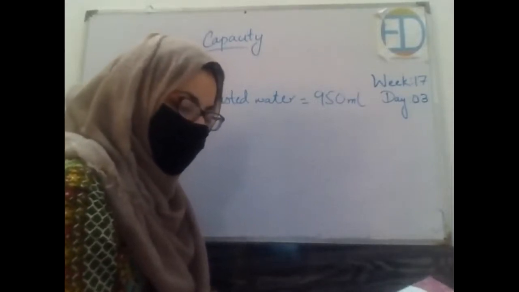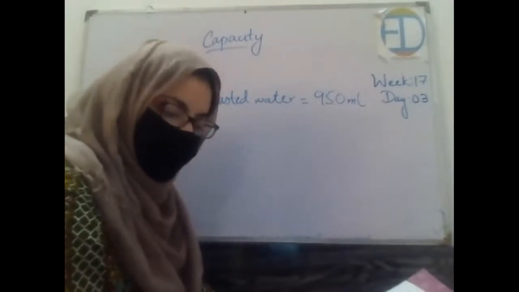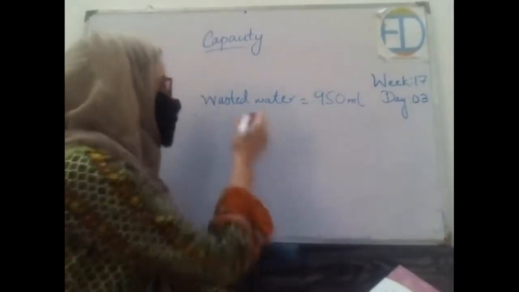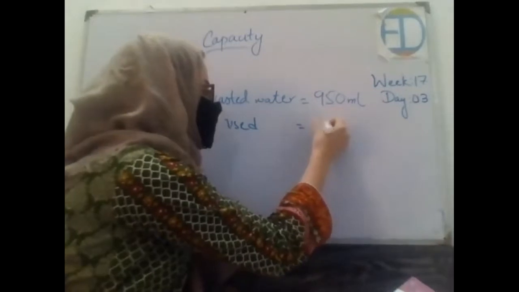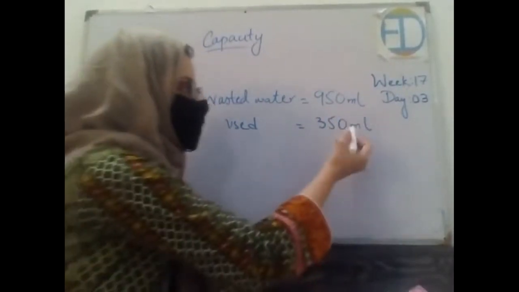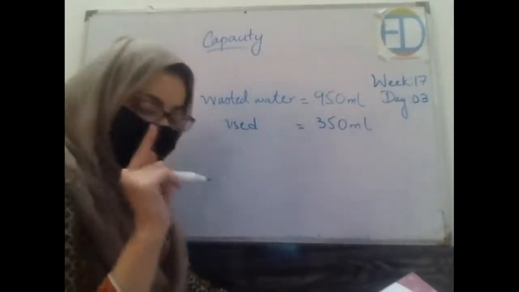So she opened the tap only while rinsing her mouth and cleaning the toothbrush. This way she used only 350 milliliter of water. How much water did she use? 350. See, note down that I am writing the units with it, right? You are supposed to write them down as well.